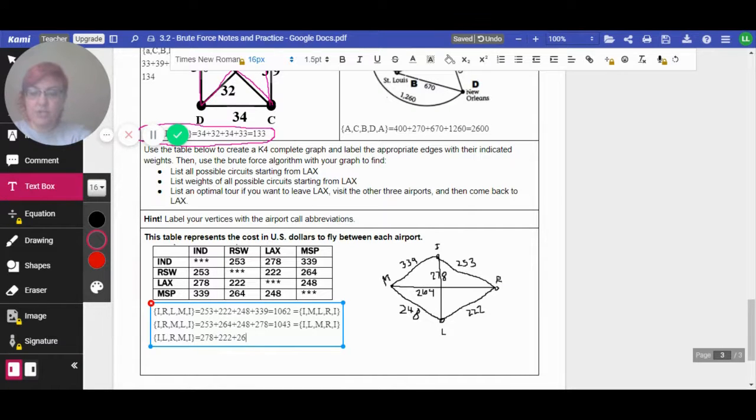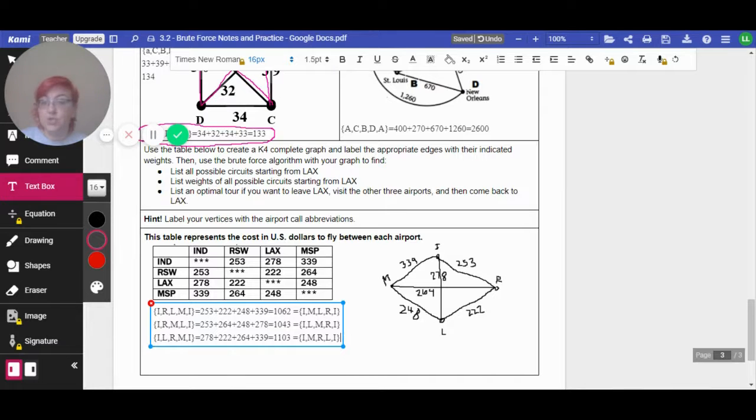R to M is 264. And M to I is 339. Add them up. 278 plus 222 plus 264 plus 339. That's 1,103. And that's going to be the same cost if I travel I, M, R, L, I.